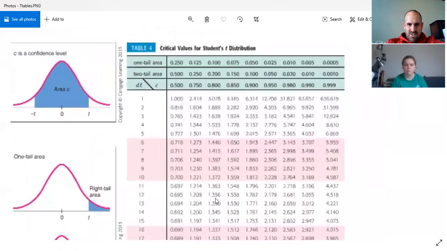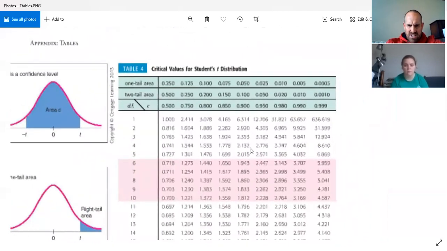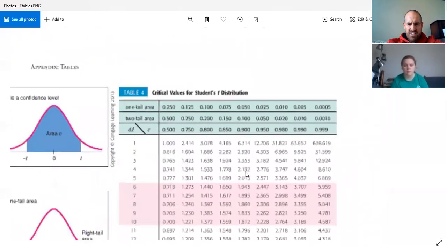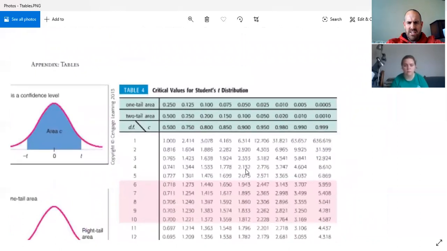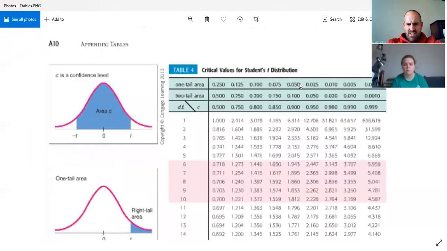So that means if it has 10% to the right, look, this table's set up slightly different. The one we were looking at in the lecture would have had 0.95 instead of 0.05 right here. So they're either describing the right tail or the left tail. What this one is saying is, this column says there's 5% to the right of the value.